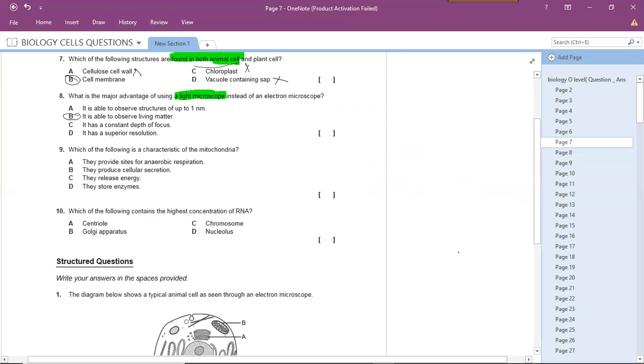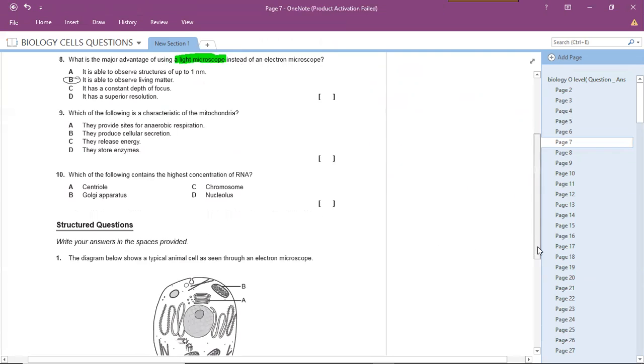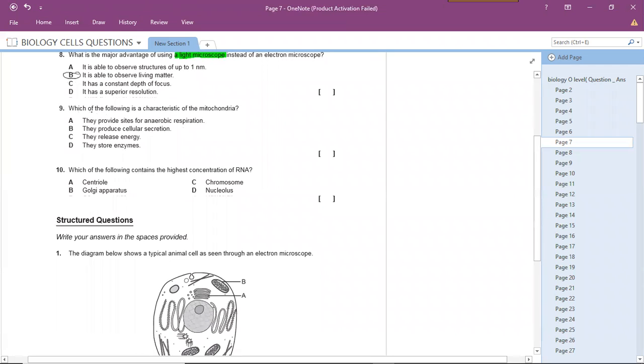So question 9: which of the following is a characteristic of mitochondria? Remember, mitochondria carry out cellular respiration.